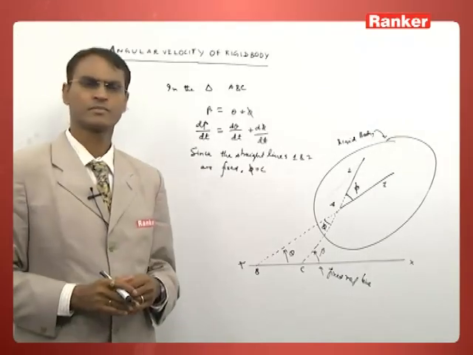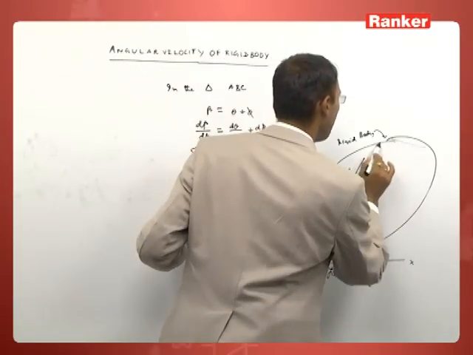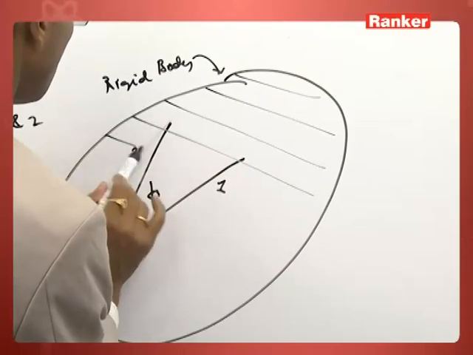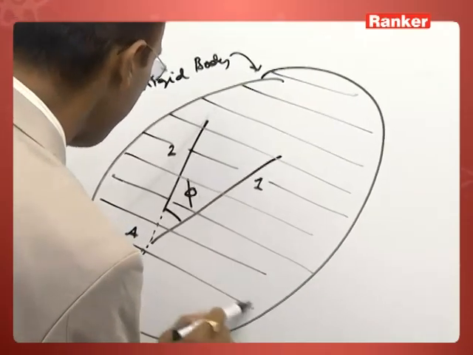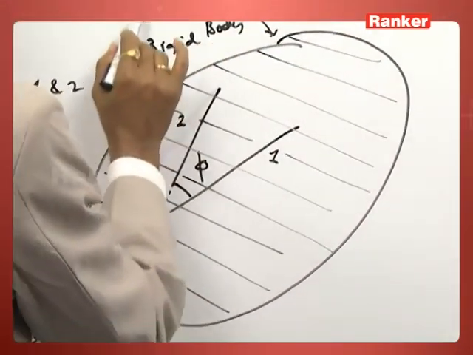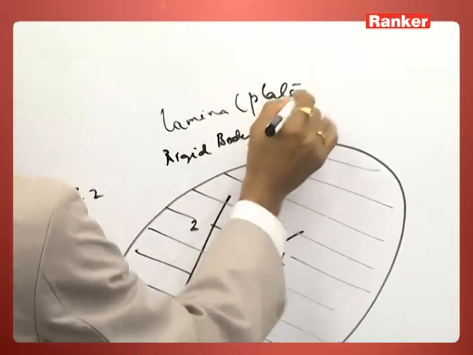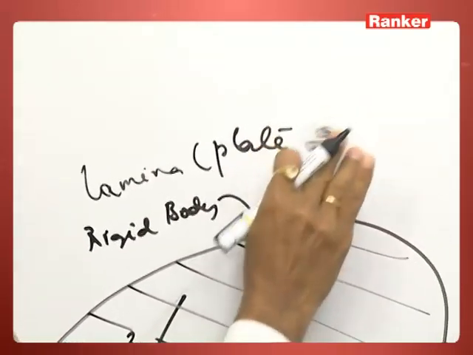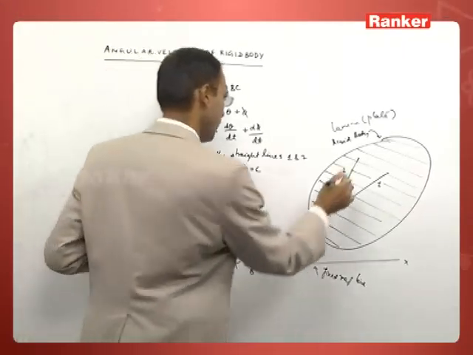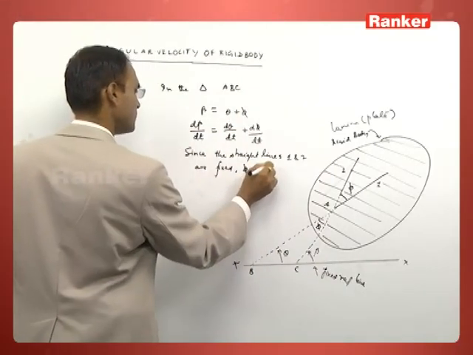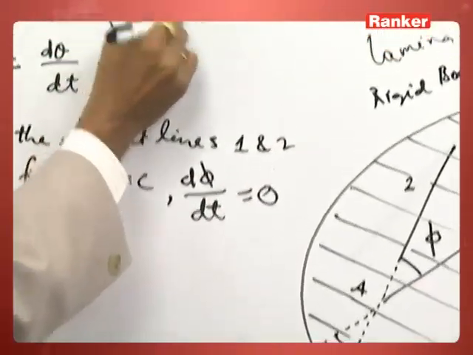In this discussion, not to complicate the matter, we have taken the plate-like structure, that is called lamina, or plate-like or plate. So when phi is constant, d phi by dt is 0. So this term will vanish.